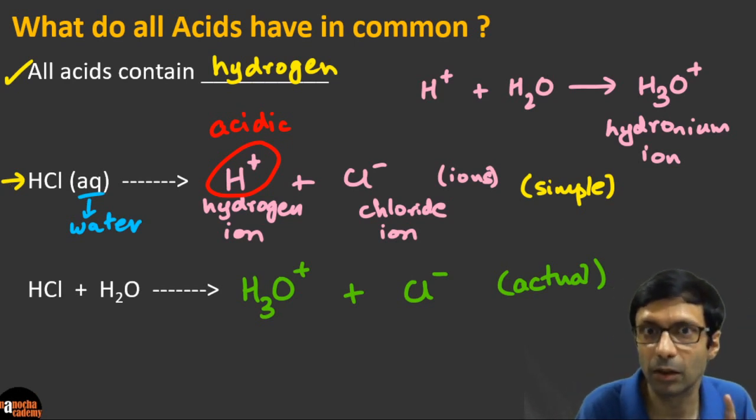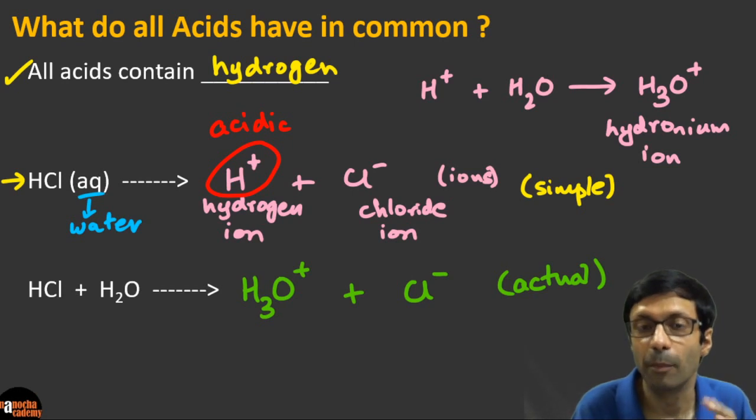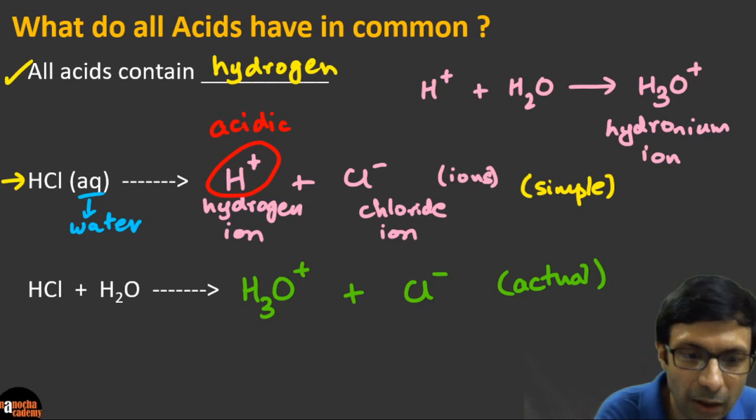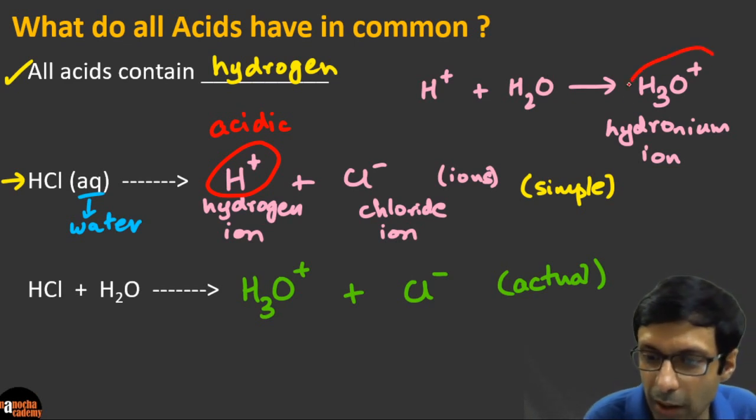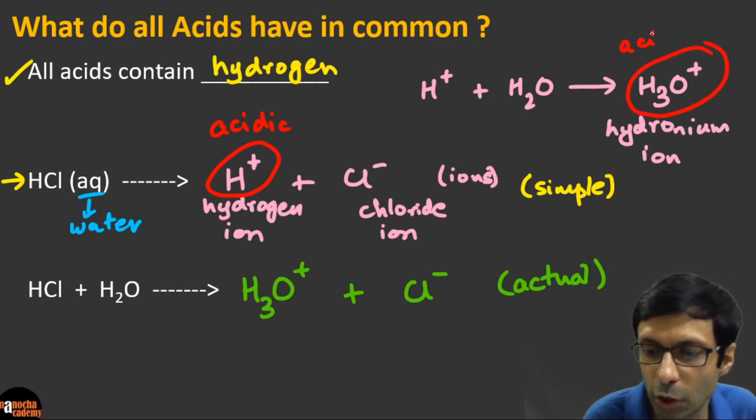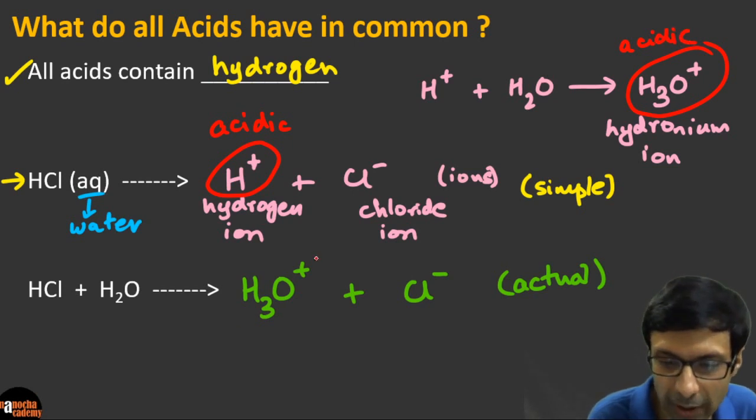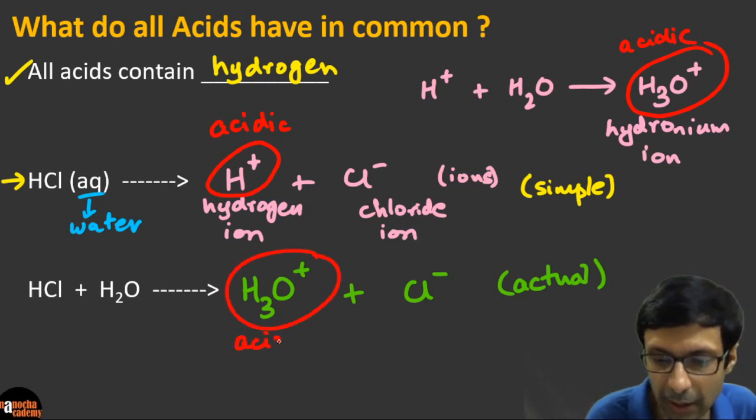But the hydrogen ion is not the reality, okay? When it combines with water, it is this hydronium ion that's formed which causes the acidic nature. So it is this guy which is causing the acidic nature.